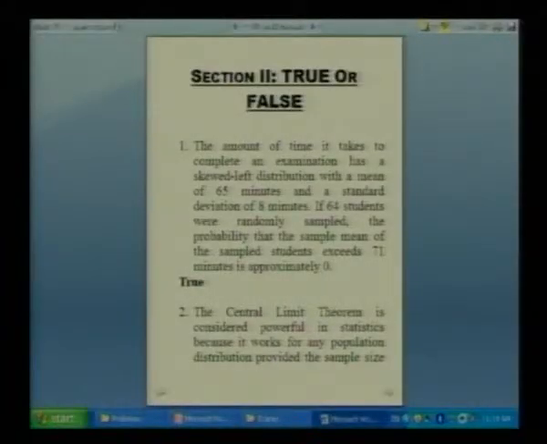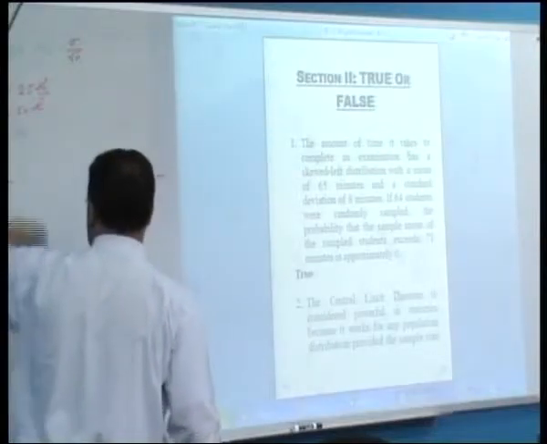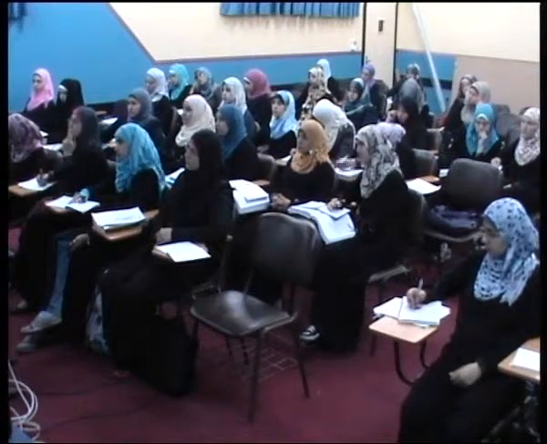Let's do the other section, one of these problems, true or false. Let's do some of these. Now for true and false problems, try to avoid calculations as much as you can. Just solve the problem without any computations.